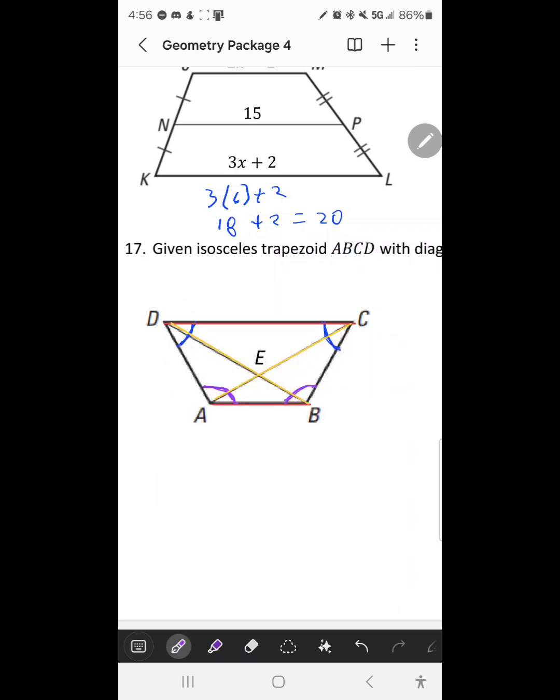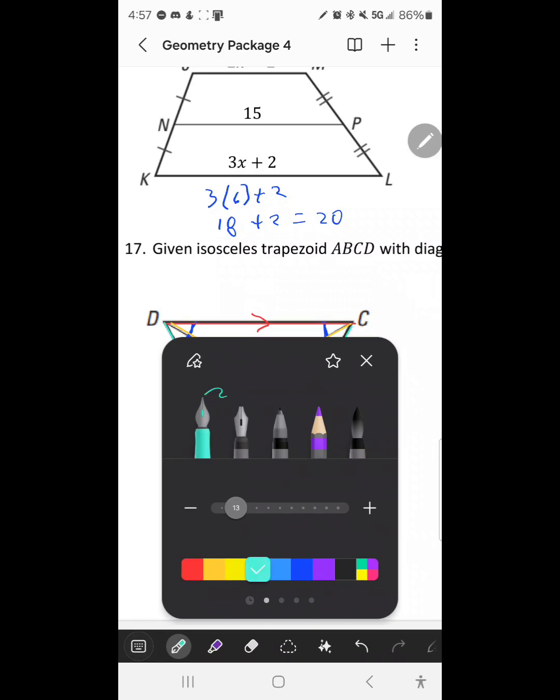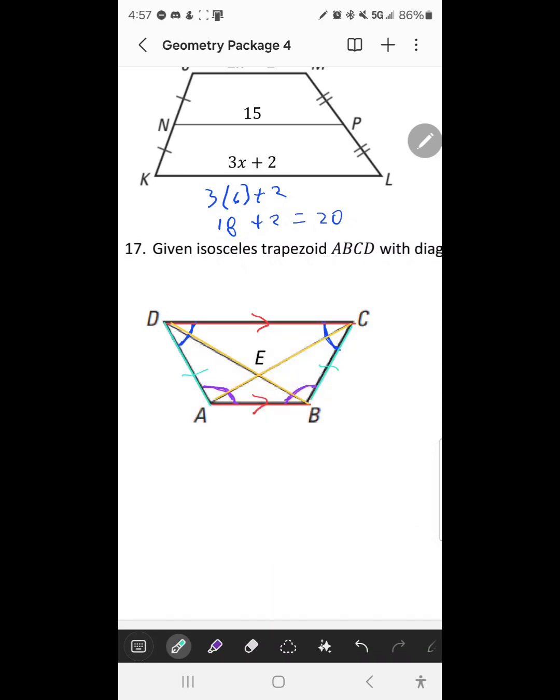Another thing that we might forget, but later we might remember, is that these two sides are equal to each other, and these two are parallel.